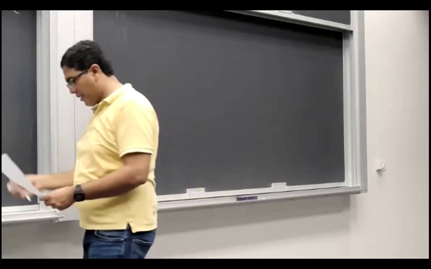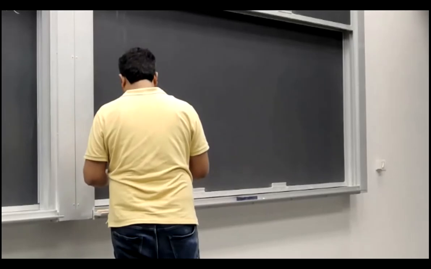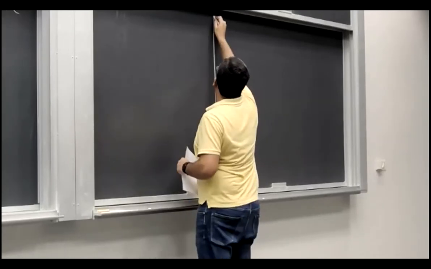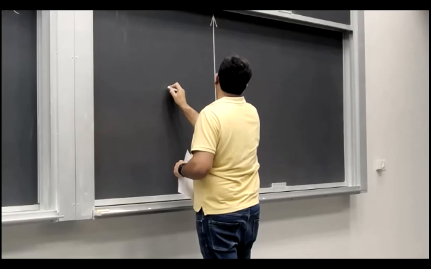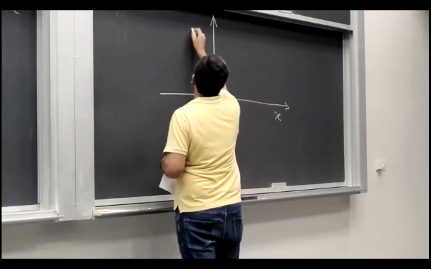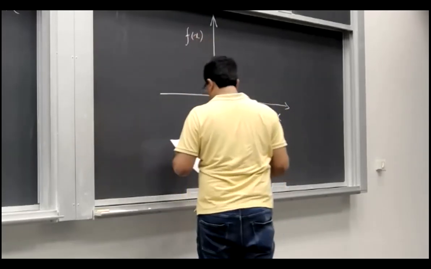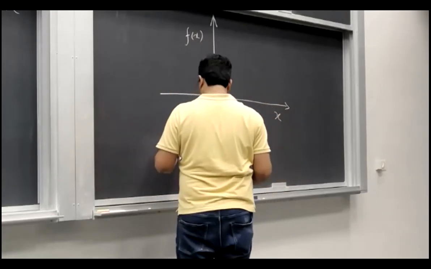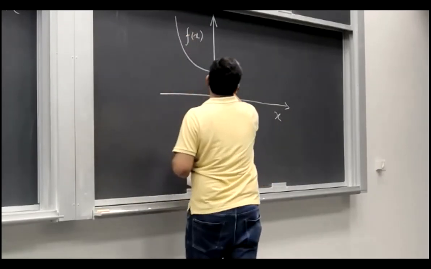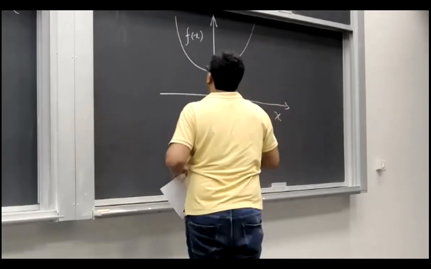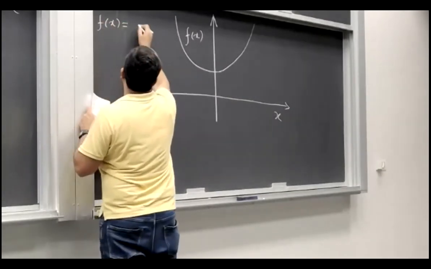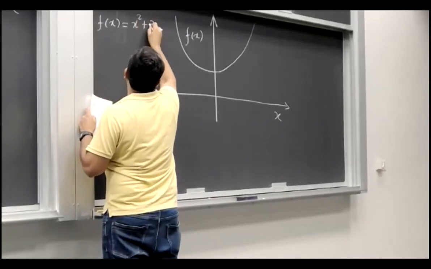Okay, now we deal with the constant of integration. We have a function f of x, and its functional form is x squared plus 3.